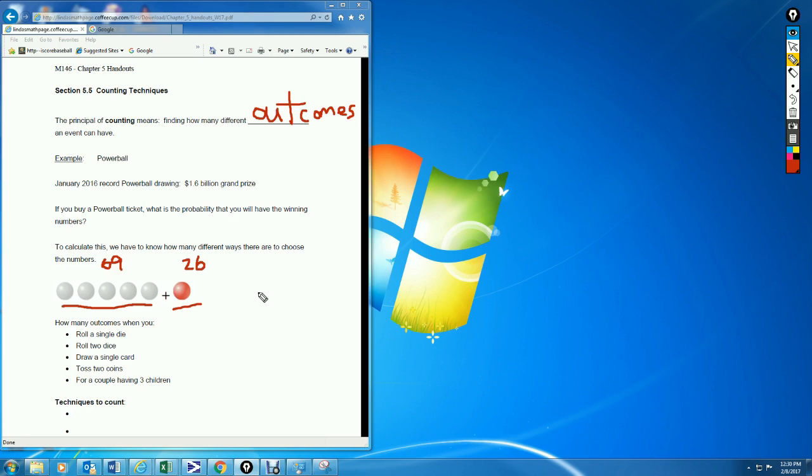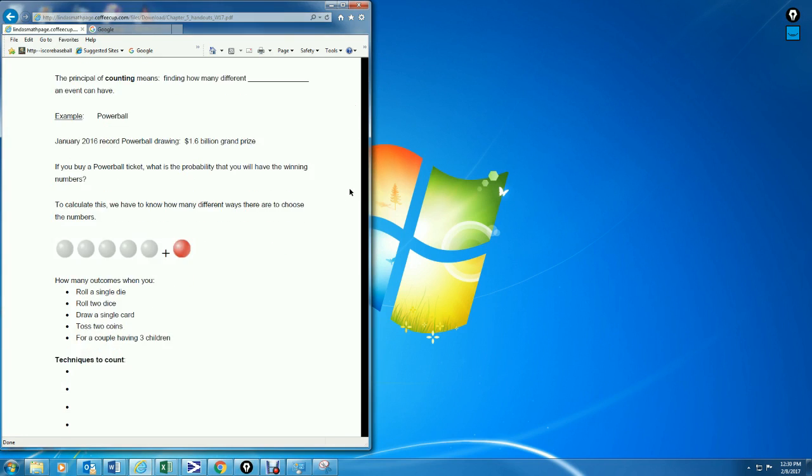And you don't have to pick the white ones in the right order, you just have to have the right numbers. So again, how many different outcomes are possible? What's the probability of winning? And again, at the end of the section, we will calculate that. And really, that is the whole purpose of using counting methods, is to find out how many different outcomes there are for a particular event happening.